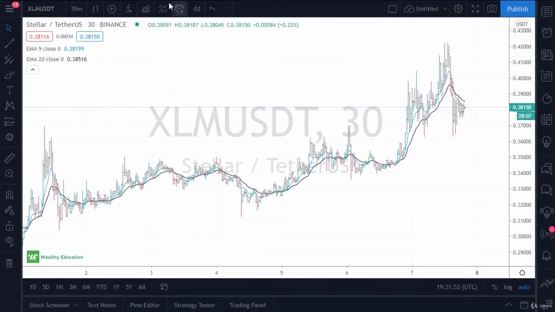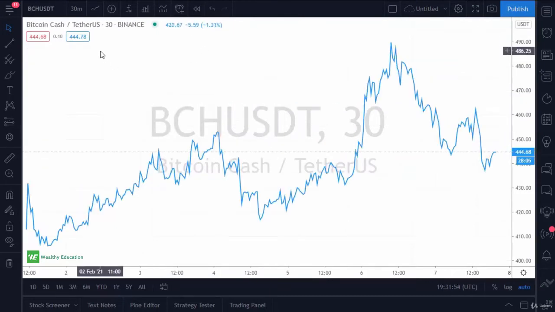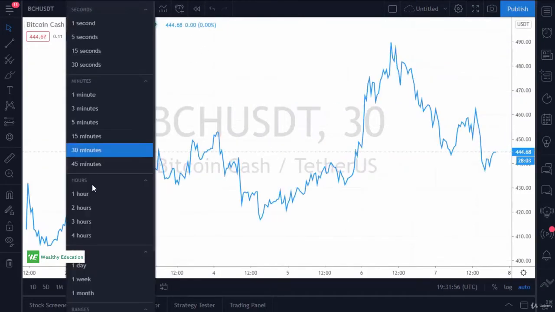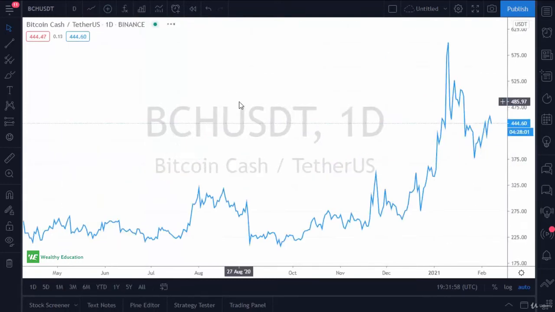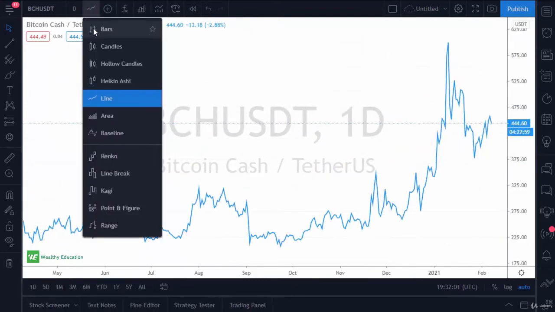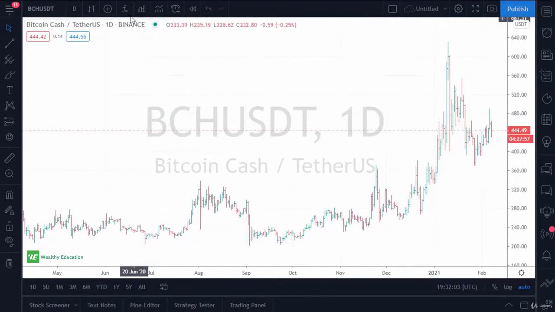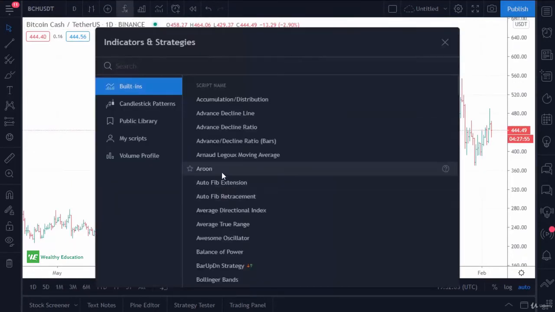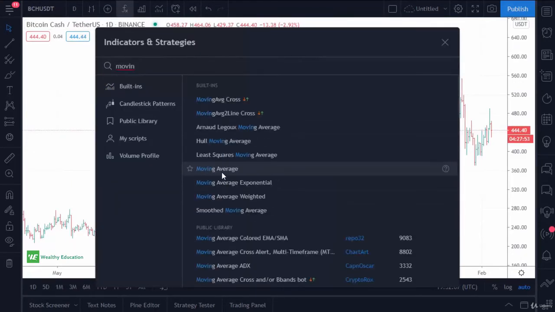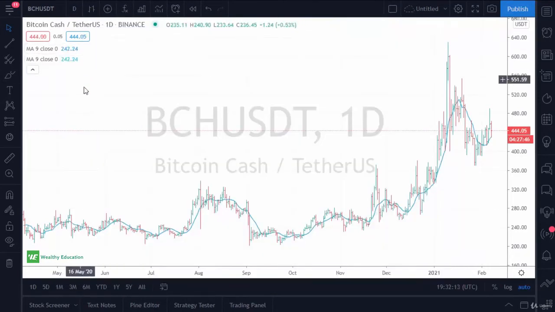So looking at Bitcoin Cash, let's change this to the daily. And again, let's change this to bars just so we can see the indicators a little easier. So in this one, we'll use simple moving averages. So you click on that, you can see that they're there.